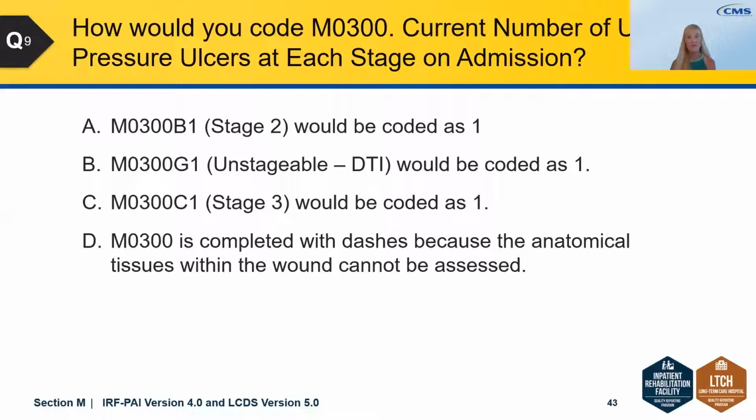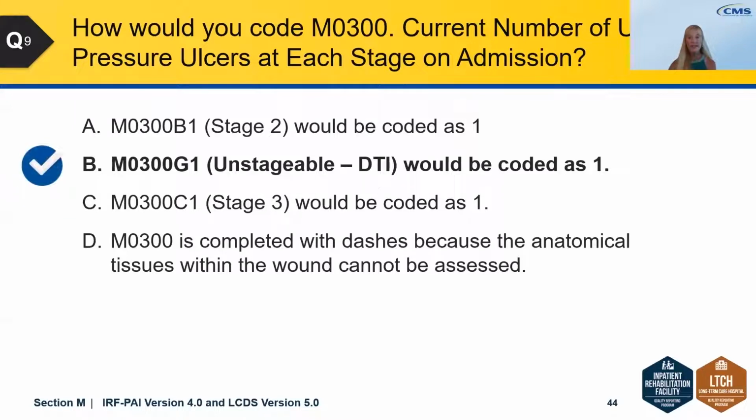Looks like those answers are rolling in. All right. Go ahead and close the poll now. And the majority of you got the correct answer for this scenario, which is MO300G1, unstageable DTI, would be coded as a 1.